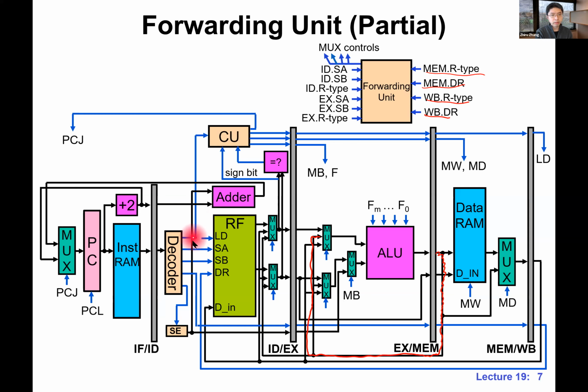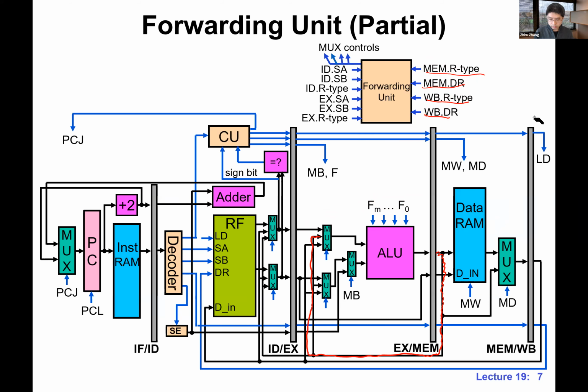We know exactly what the fields are in this instruction. And we need to propagate this information through the pipeline. Basically, per stage, we have access to this information, whether this is the R type, what is the destination register, and what is the source register for the corresponding instruction in the current stage.